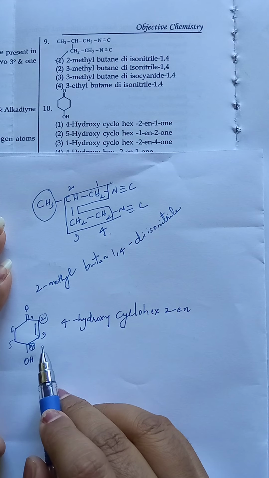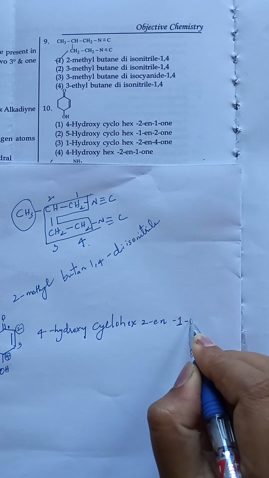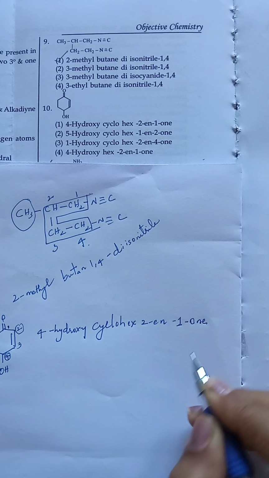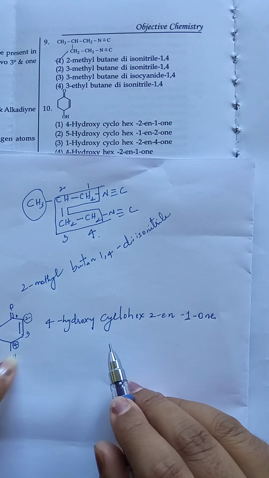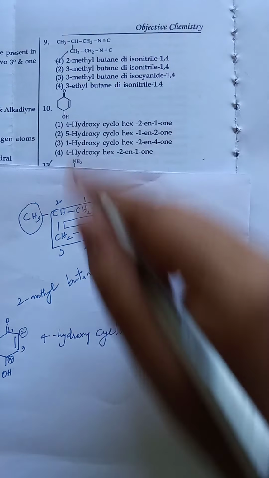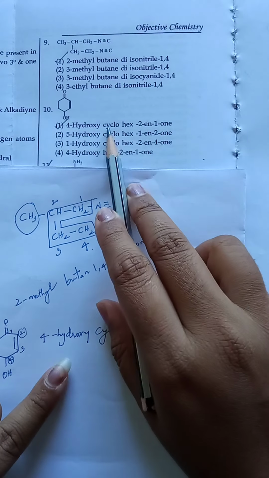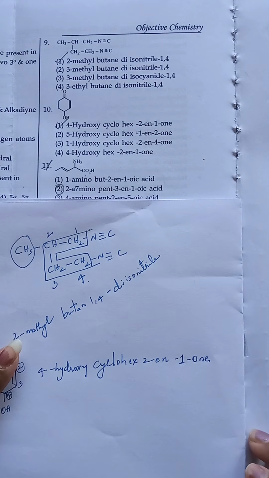At the second position a double bond is present, so it is 2-ene. At first position the ketone is present, 1-one. We can write it like this: 4-hydroxy cyclohex-2-en-1-one. That is the answer. So the answer is the first one, 4-hydroxy cyclohex-2-en-1-one. Okay. Now we'll see the next one.